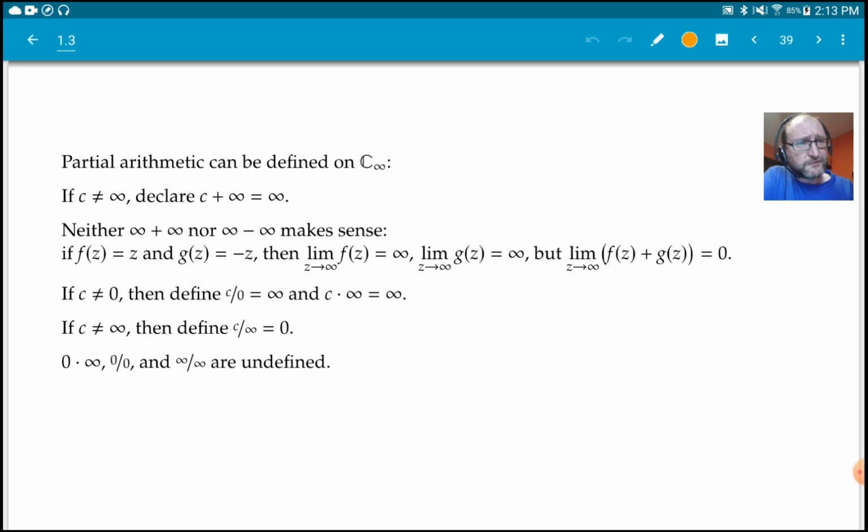The things in terms of multiplication that aren't defined: I can't multiply 0 and infinity, I can't divide 0 by 0, and I can't divide infinity by infinity. But otherwise, everything else can be defined. And again, it's really just about what happens with the limits. It doesn't give you any nice algebraic structure. It's just a shorthand for the limit of this is this.